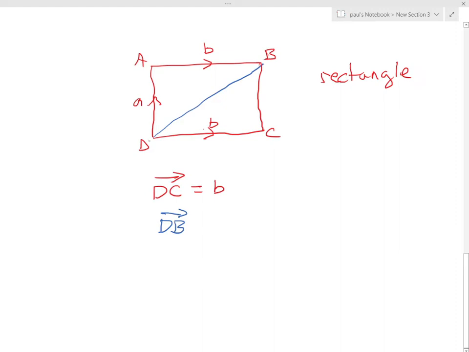So to get from D to B, we're going to go up the A, across the top, the B. So that is A plus B. So we could then go up the A, along the B, down the A plus B, and then along the B at the bottom. So we could zigzag all the way through.